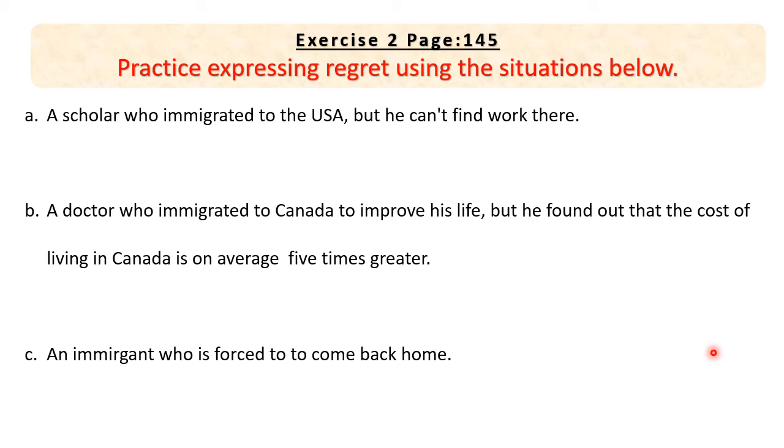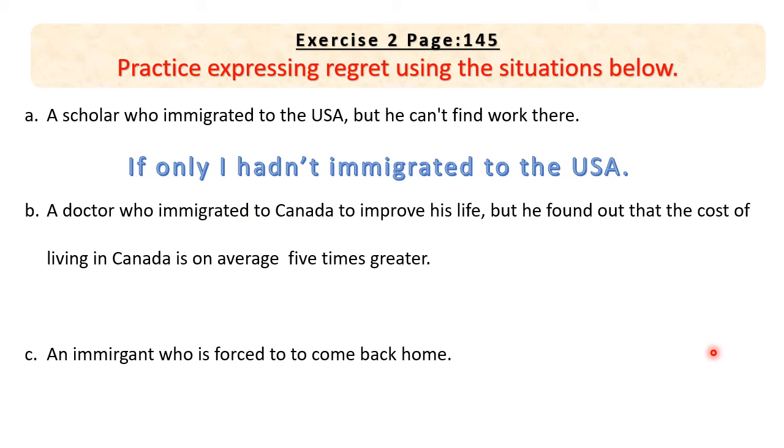A, a scholar who immigrated to the USA, but he can't find work there. Try to use this situation and express regret. So we can say: if only I hadn't immigrated to the USA. Here we are speaking on behalf of this scholar.